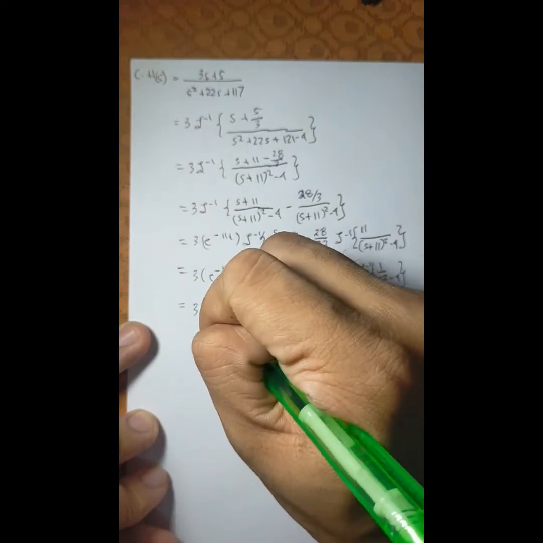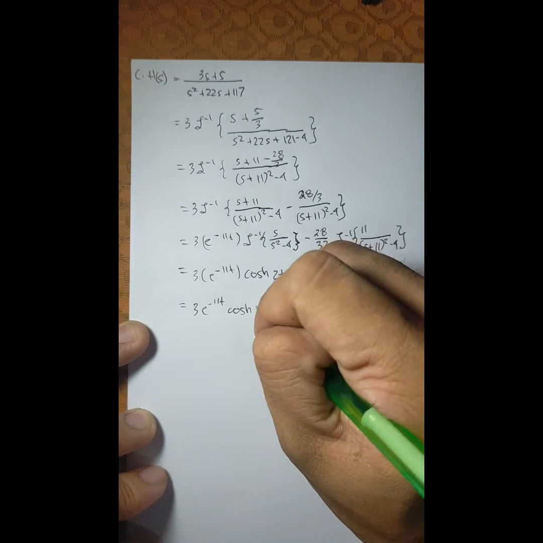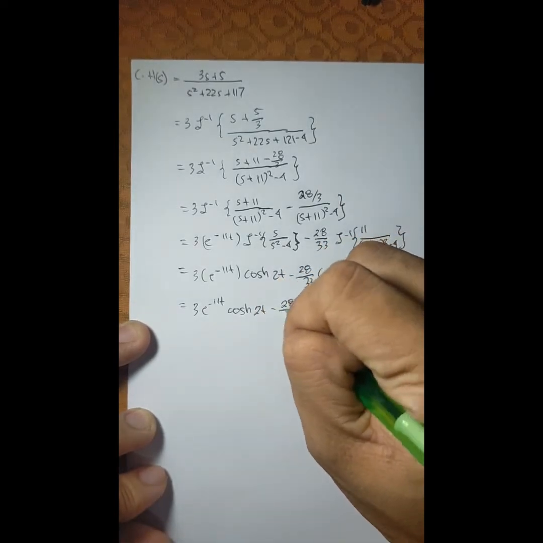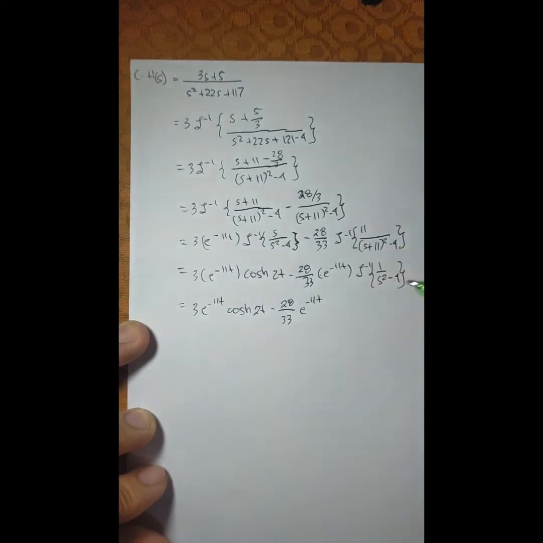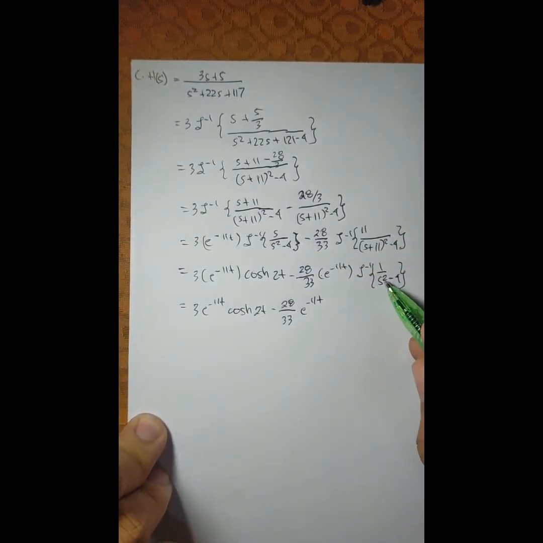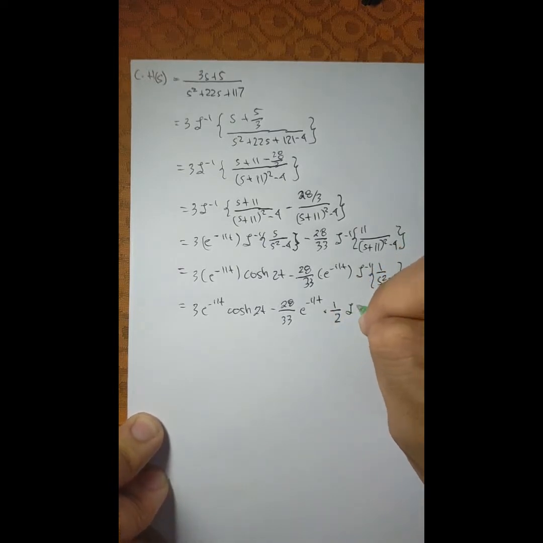This will become 3e raised to negative 11t hyperbolic cosine of 2t minus 28 over 33 e raised to negative 11t. And in order to balance this, we will divide it by 2. And we have the inverse Laplace transform of 2 over s squared minus 4.